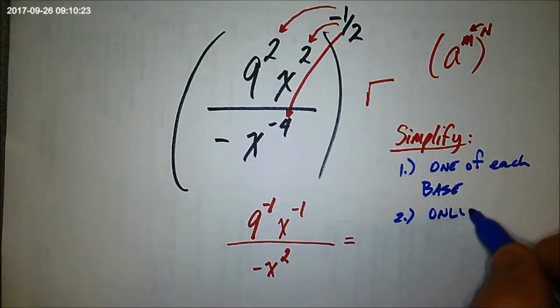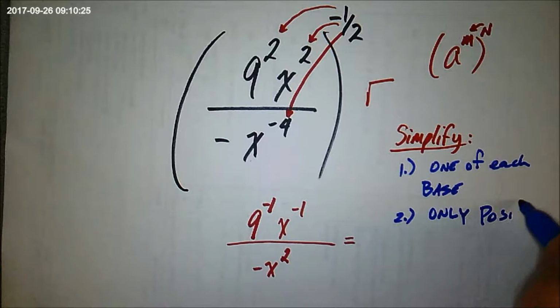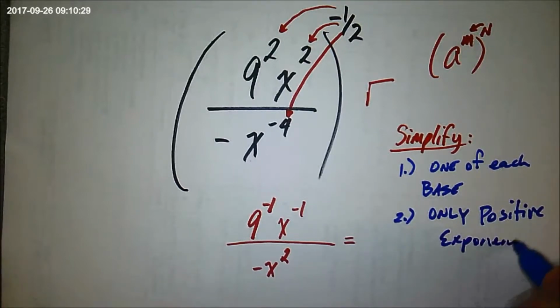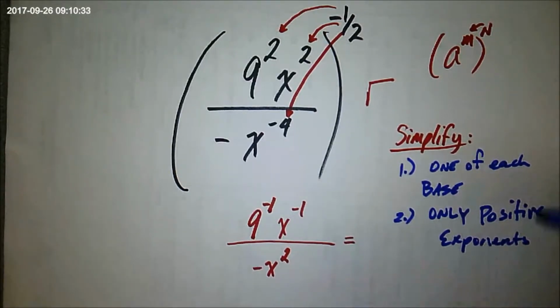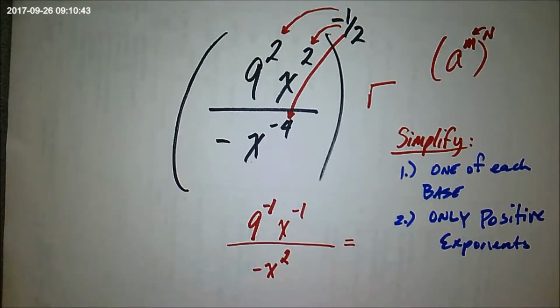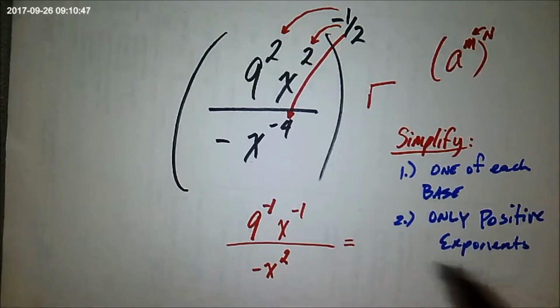One of each base only, and only positive exponents. Those two things have to be done, otherwise you have not simplified all the way. So this one's not all the way done, because you have a negative exponent and a negative exponent.